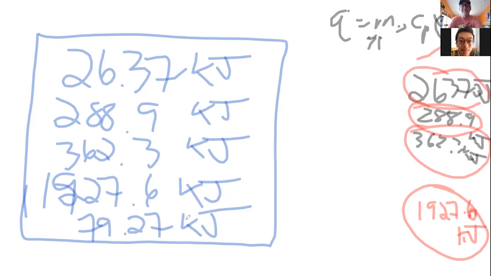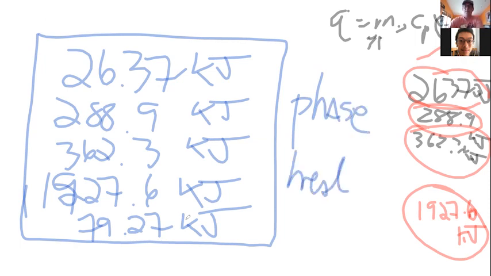So the tricky part is remembering the difference between the phase transitions and the heating. Phase transitions are delta H fusion or delta H evaporation.